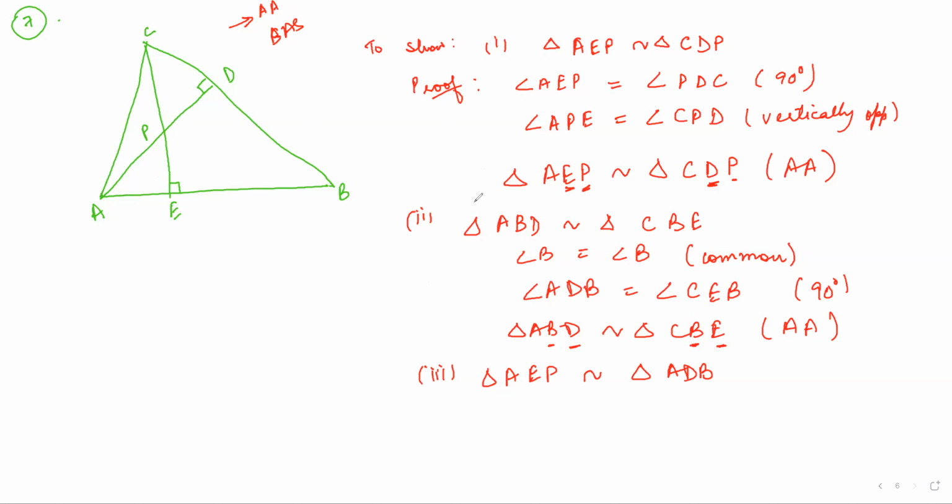Written so far? Yeah, ma'am. Okay. So now take these two triangles, AEP and triangle ADB. Now tell me which angle is equal to which angle here. Yes, Abdullah, you can also type your response.